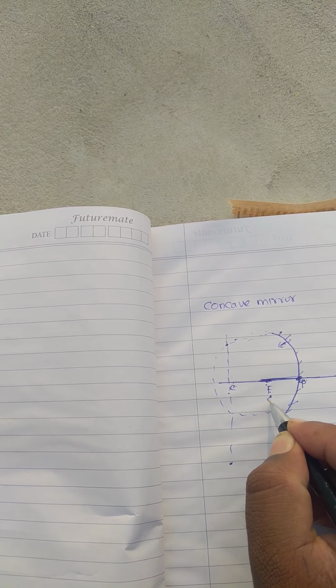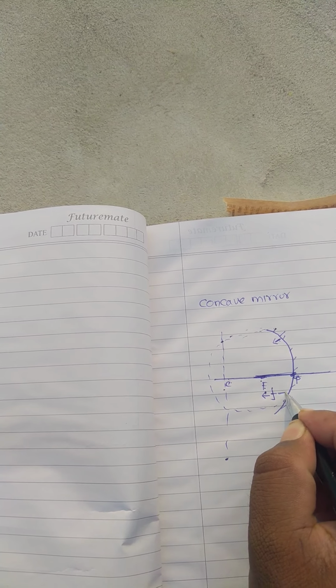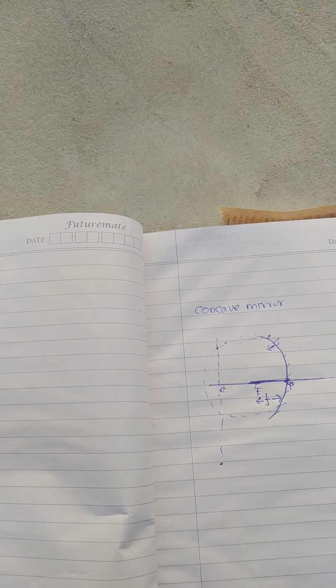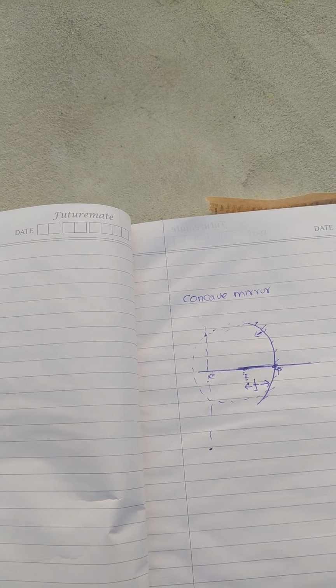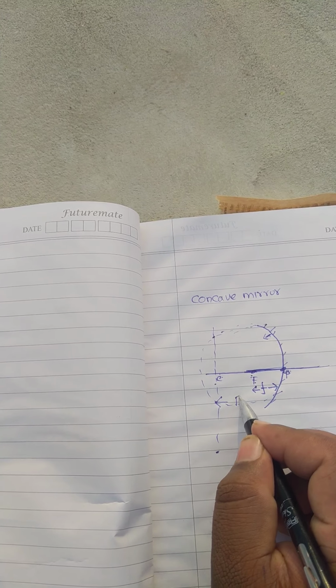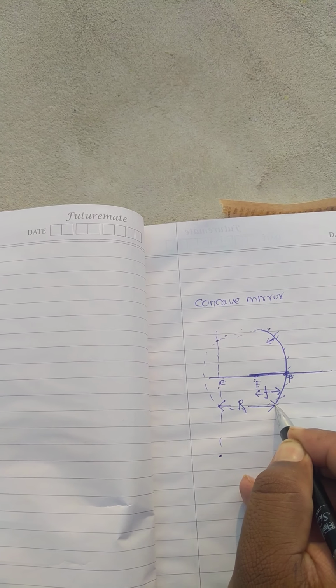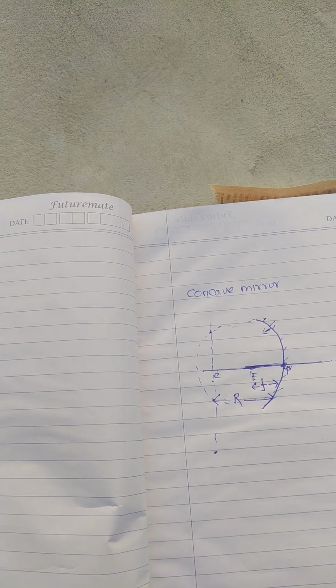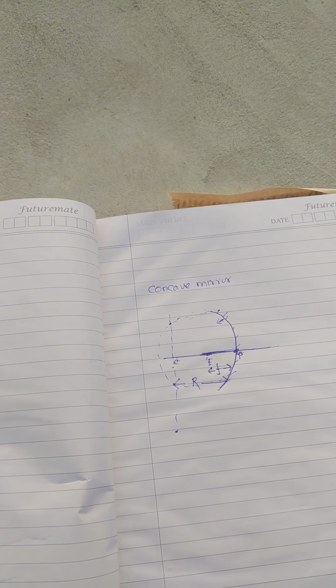After that, focal length: the distance between pole and focus is called focal length. Next, radius of curvature: the distance between the pole of the spherical mirror and the center of curvature is called radius of curvature.